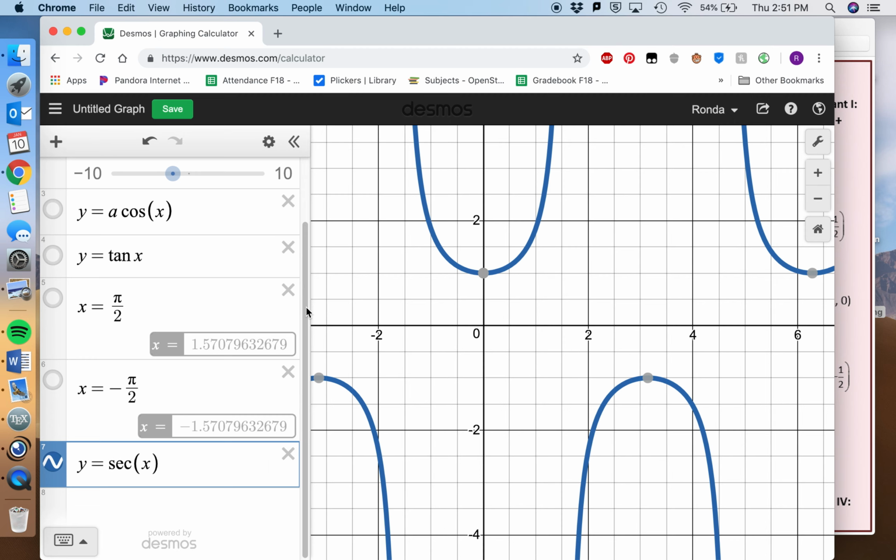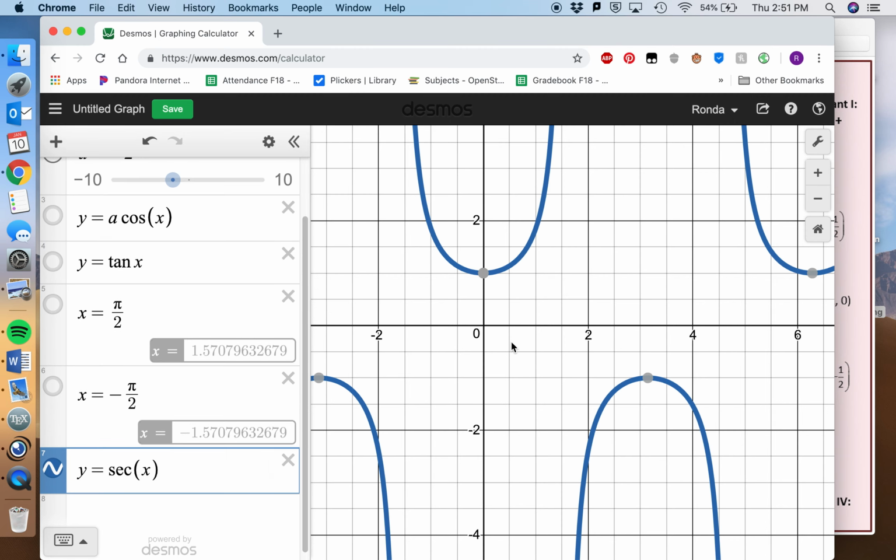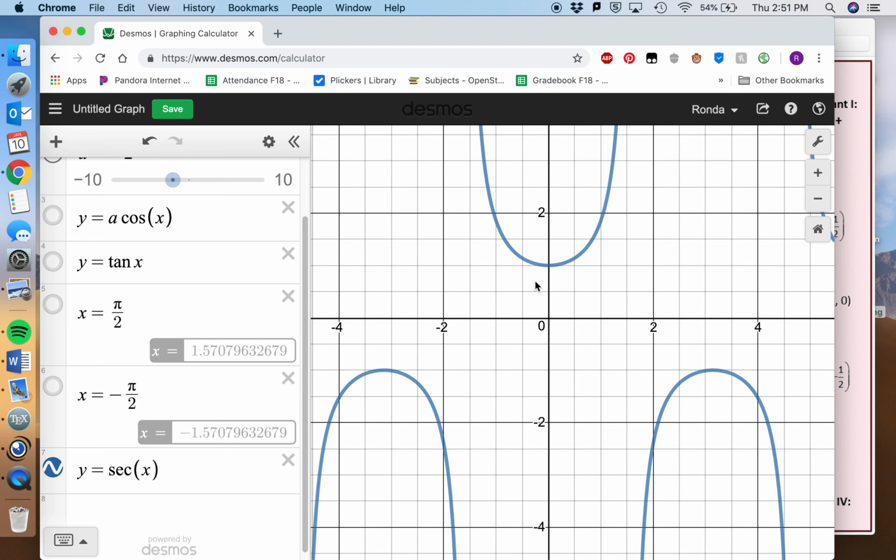So this is secant. And what's interesting now, secant also only takes pi, because again, secant is made out of cosine. So cosine, if I put these back in, actually these apply for this. So cosine is 0 at pi over 2 and negative pi over 2.